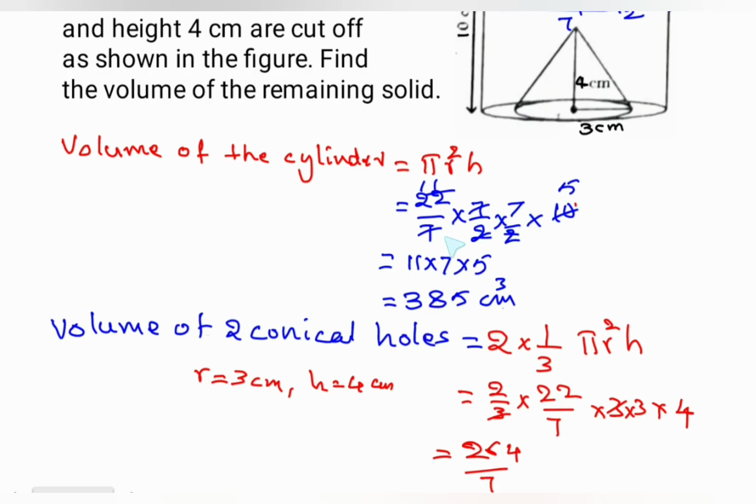The 7s get cancelled, 2 elevens are 22 and 2 fives are 10. This is equal to 11 into 7 into 5, which is 385 centimeter cube. This is the volume of the cylinder.